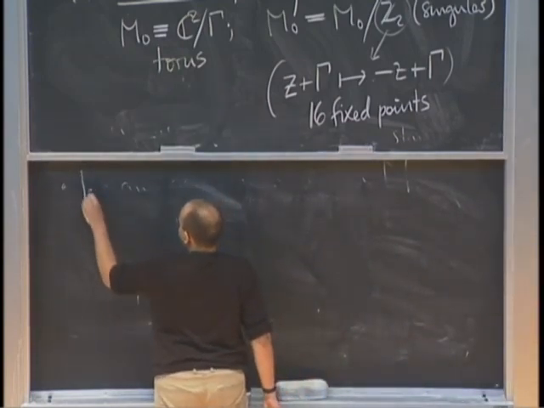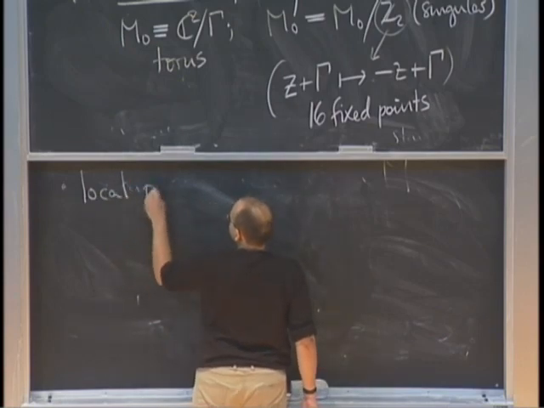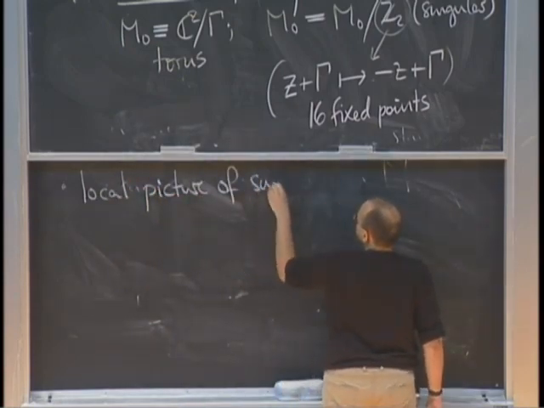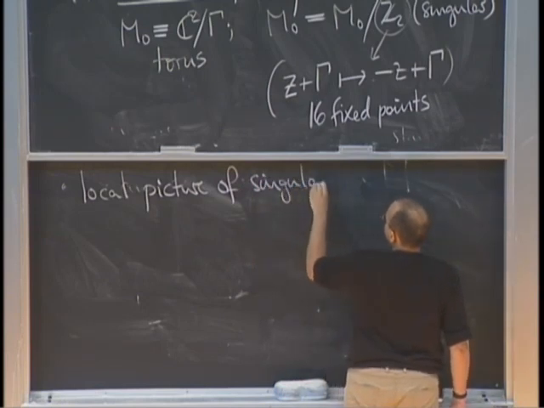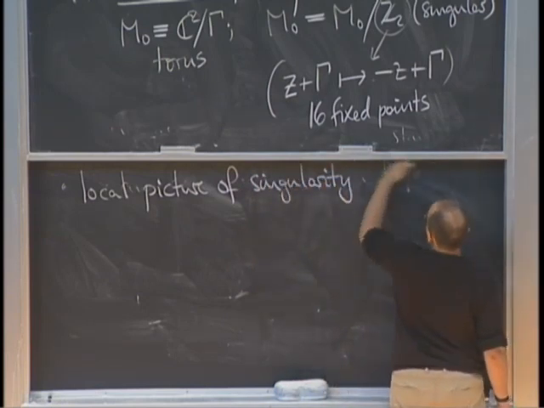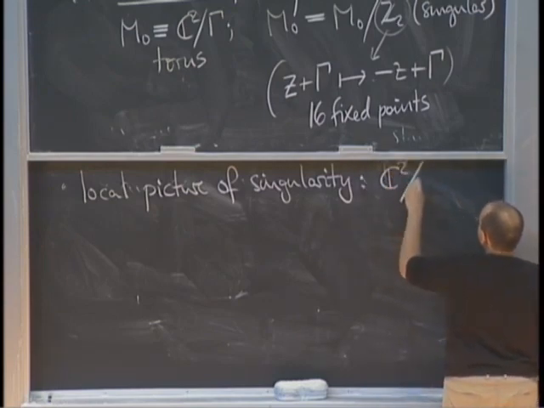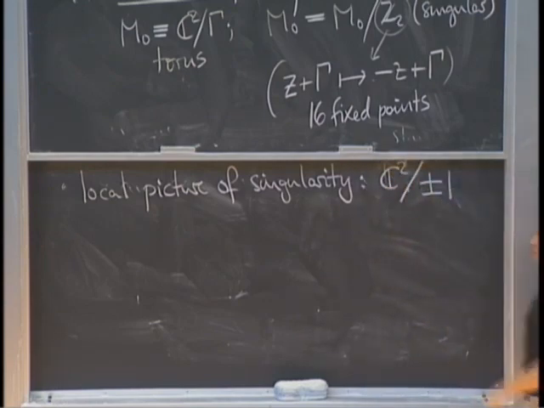Each of the singularities is just C2 modded out by plus minus 1, where I'm quotienting C2 by the map that sends z to minus z. So it's a local model at each of the 16 singular points.